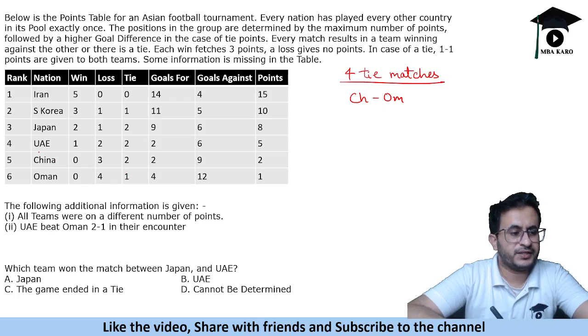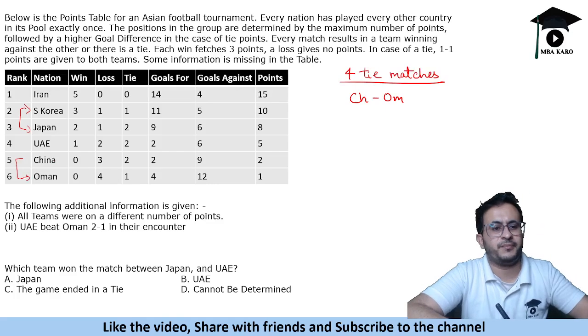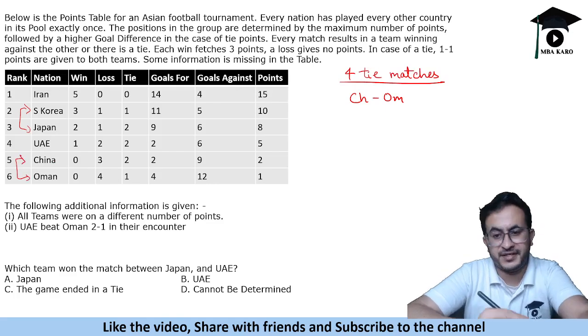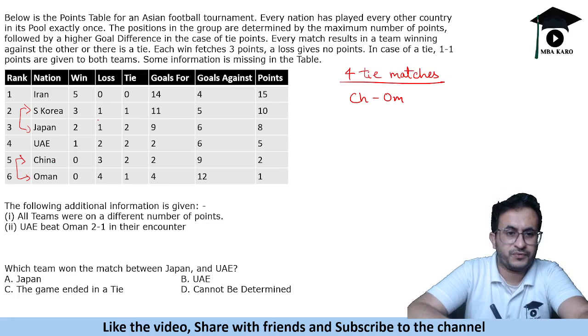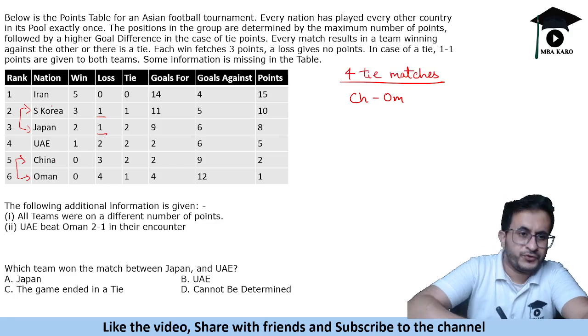Now let's look at this country, South Korea and Japan. South Korea versus Japan match we will see. So what will happen is South Korea has lost 1 match and Japan has lost 1 match. Both of them have lost 1 match. Against which team did they lose? So if you see Iran, Iran has won all 5 matches.